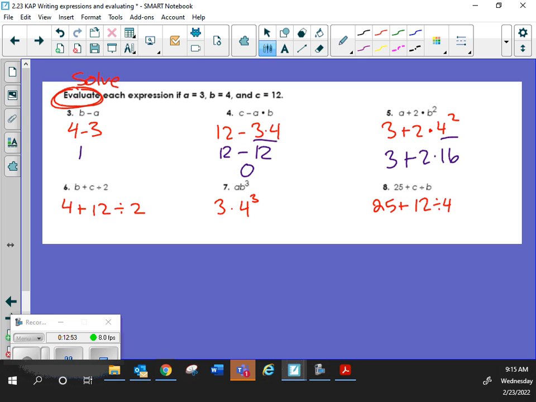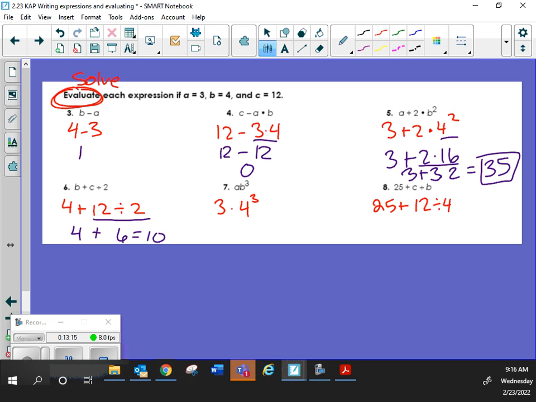What do I do next? Multiplication. 2 times 16 is 32. I get 35. Good. What do I do first? Division. 6 plus 4. 10.